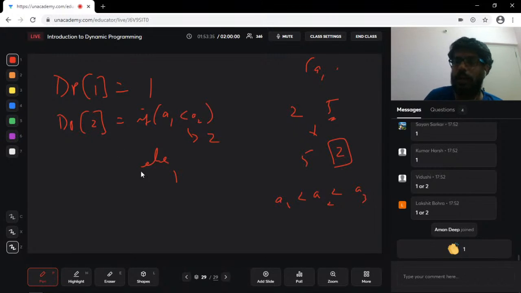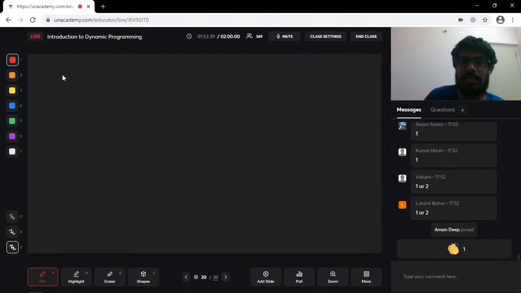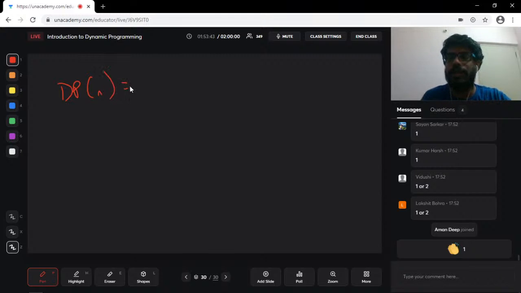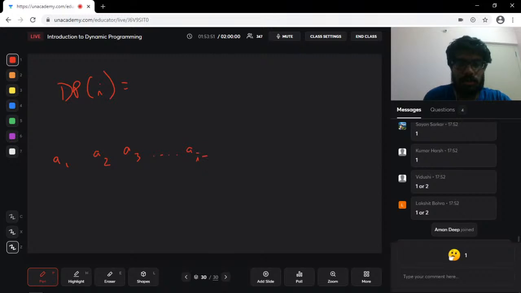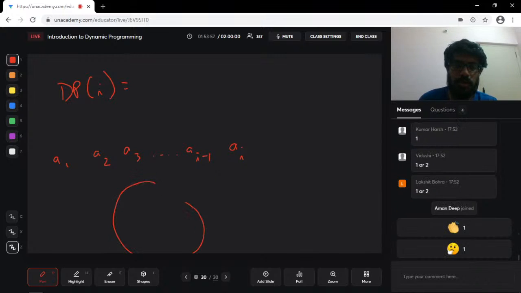But I'll not write all of them because we are looking at a general solution. So in general, how do I compute DP of I? Again, we have A1, A2, and now again we have this bag.